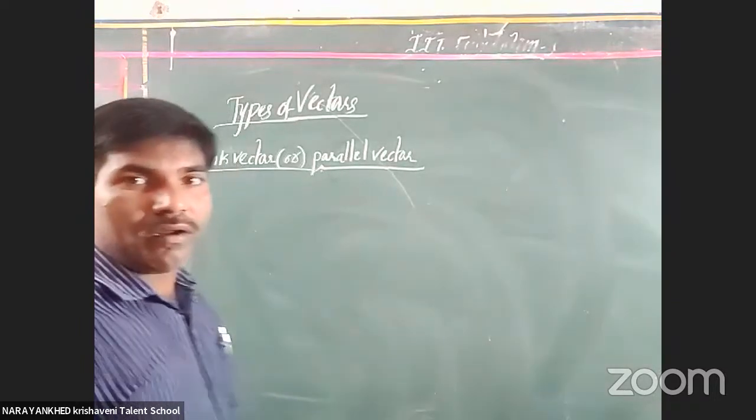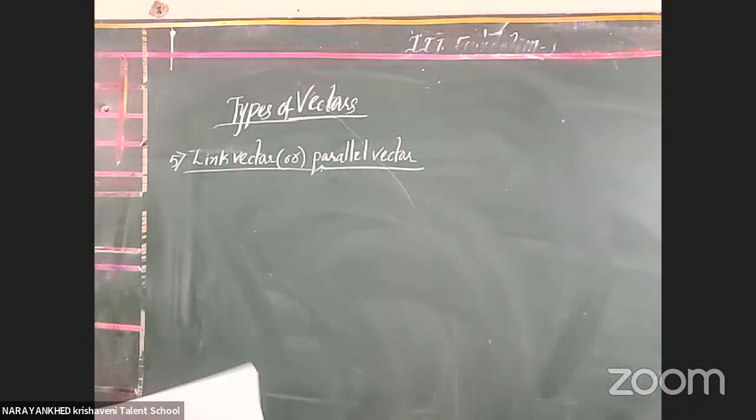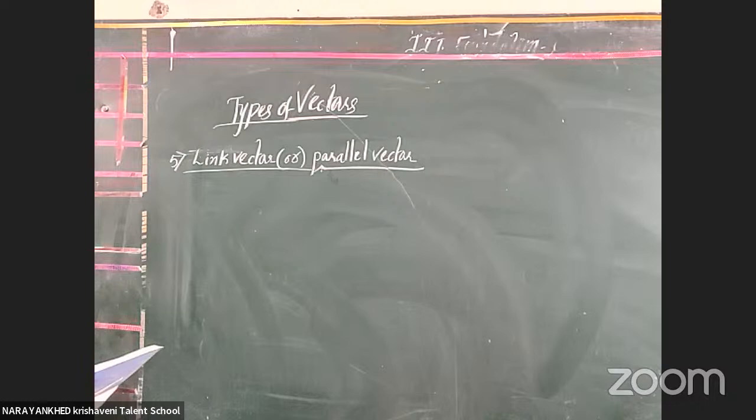Like vector or a parallel vector. What is this actually called? Which one is called the parallel vector? All the vectors acting in the same direction are called parallel vectors. Clear or not? The direction is the same.